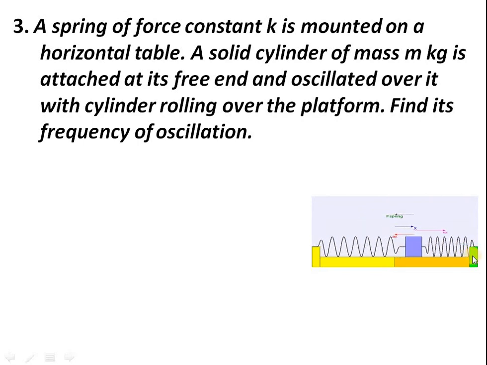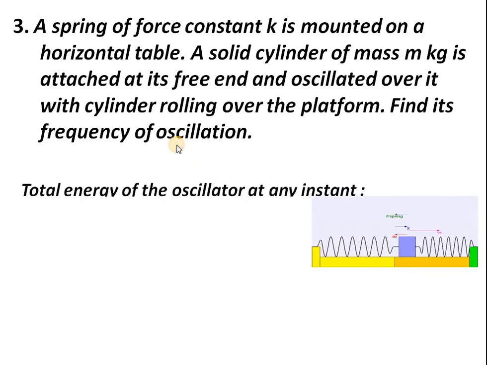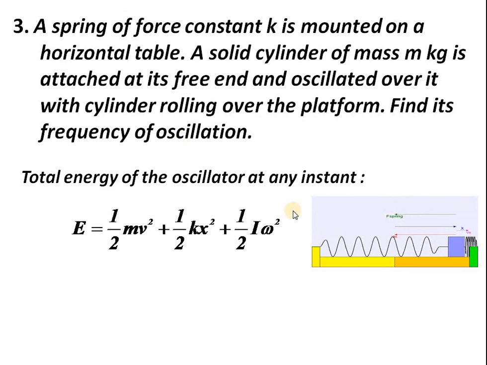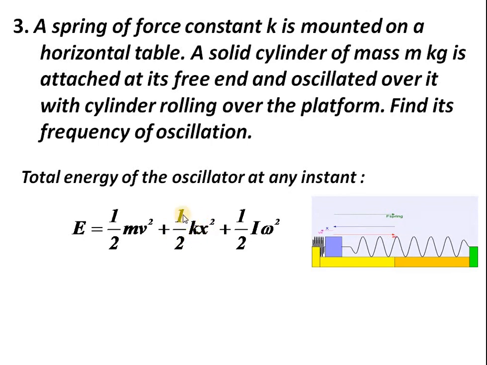Because it is rolling on a frictionless surface, we can neglect the frictional loss of energy and assume that it is a simple harmonic motion with no energy loss. Under that case, the total energy you can write as equal to linear kinetic energy, potential energy shown by half kx square, and rotational kinetic energy shown by half I omega square. It's a very beautiful problem.